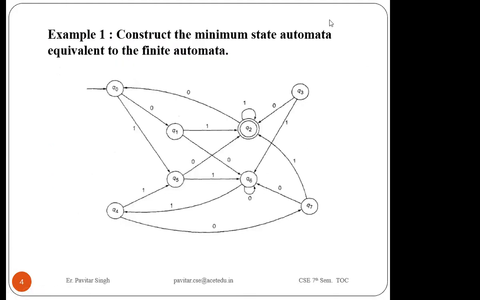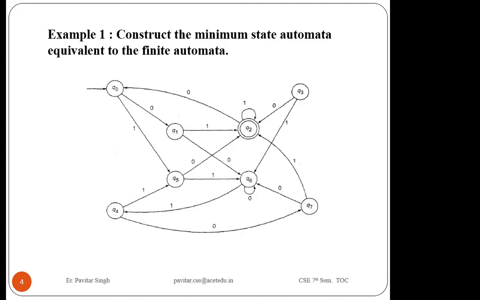So proceeding towards first example. So here you will be given either a table or a diagram. In this case, a transition diagram is given to you, and for this transition diagram you will have to construct a minimum state automata equivalent to the finite automata given in the form of transition diagram, right?